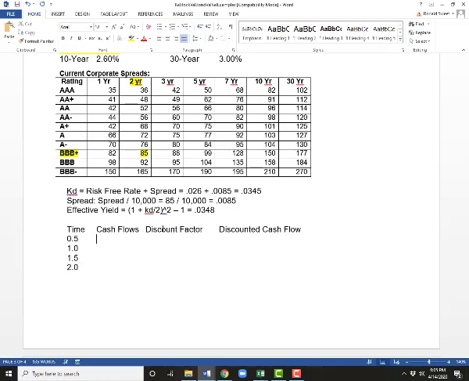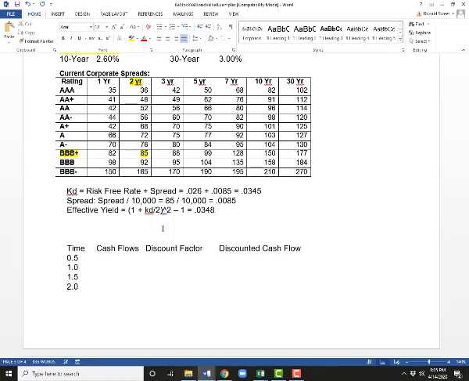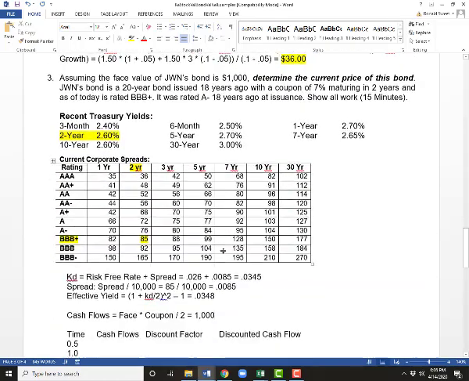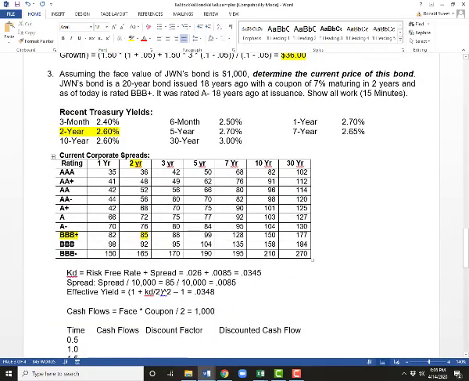Our cash flows, remember, are the face times the coupon divided by 2. Here the face is $1,000. That's given in the problem. Look up at the problem. The coupon is 7%, so 1,000 times 0.07 divided by 2 gives you $35.